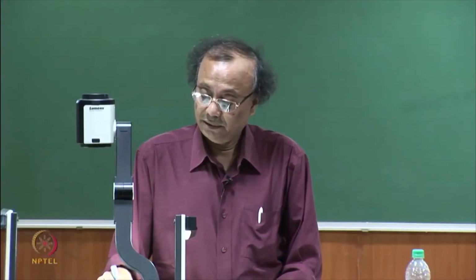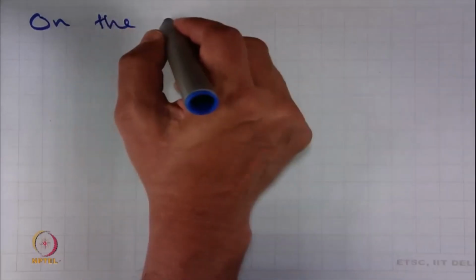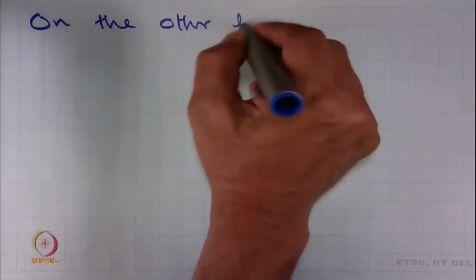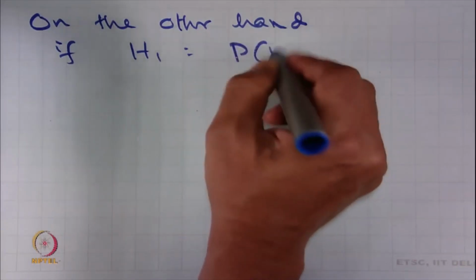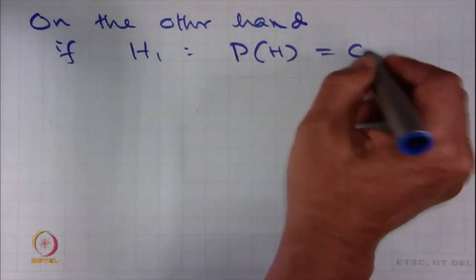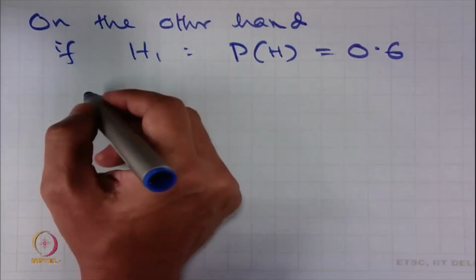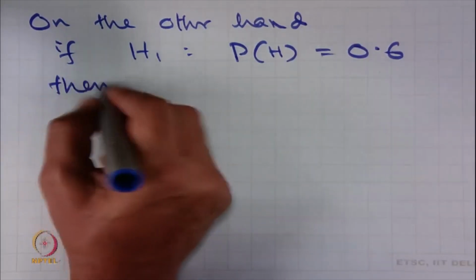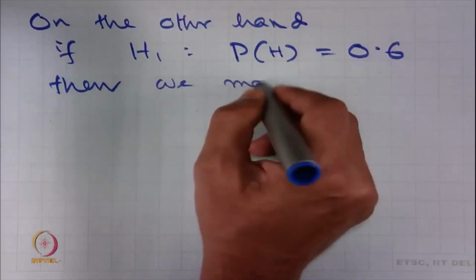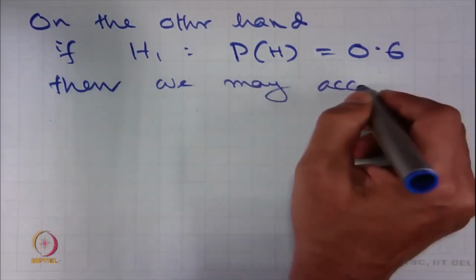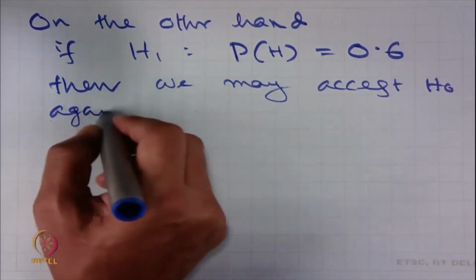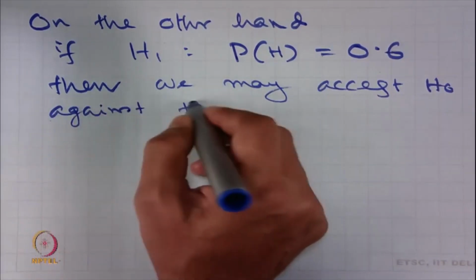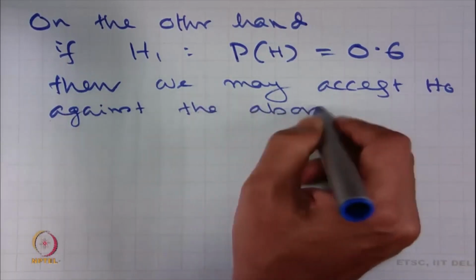On the other hand, if H1 is that the probability of H is equal to 0.6, then we may accept H naught against the above H1.